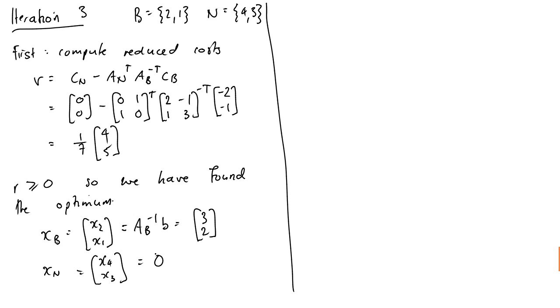Only the variables inside the basis can be non-zero. So, to put it all together, our optimal x star, just piece the variables together in the right order. x1 is 2, x2 is 3, x3 and x4 are both 0, and our optimal cost is worth figuring out as well. C transpose x star is equal to, well, remember that C was negative 1, negative 2, so it'll be negative 8. And we are done.